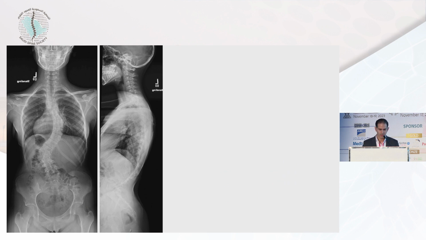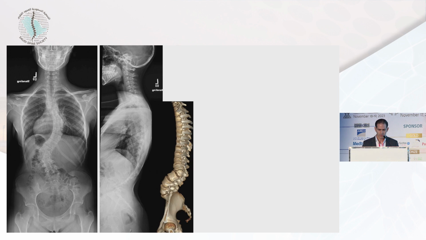So this is a 15-year-old girl with a congenital kyphoscoliosis. As you can see, we cannot see it properly on the X-ray, but there is a lumbar kyphosis because of the big hemivertebra.